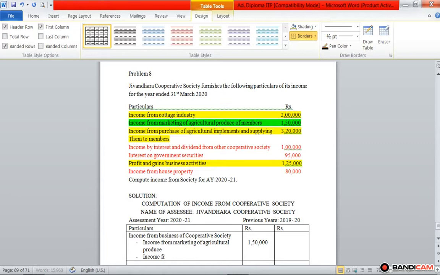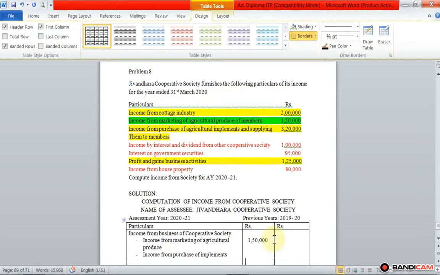Then income from purchase of implements amounted to rupees 3,20,000.